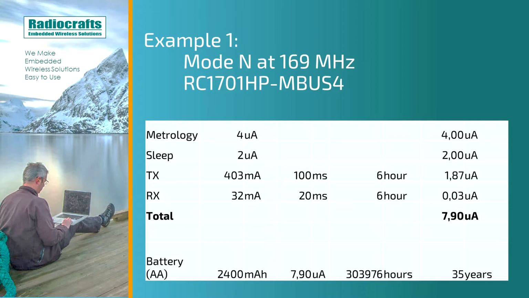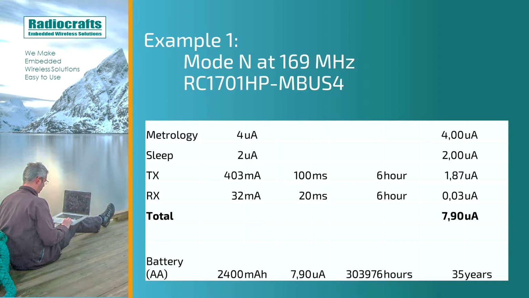During the transmission, because this is a high power transmitter of 27 dBm, the current consumption is as high as 403 milliamps. A typical transmission lasts for 100 milliseconds, and let's say we have one transmission every 6 hours. This will give us an average current of 1.87 microamps.